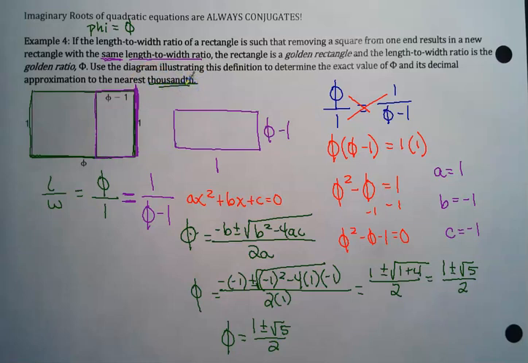So use your calculator, put that in there. And when you do, you're going to have phi is approximately, remember to use those wavy lines, 1 plus the square root of 5 divided by 2, it's going to get 1.618.